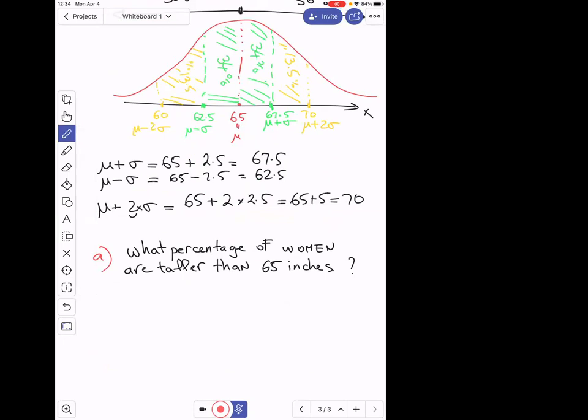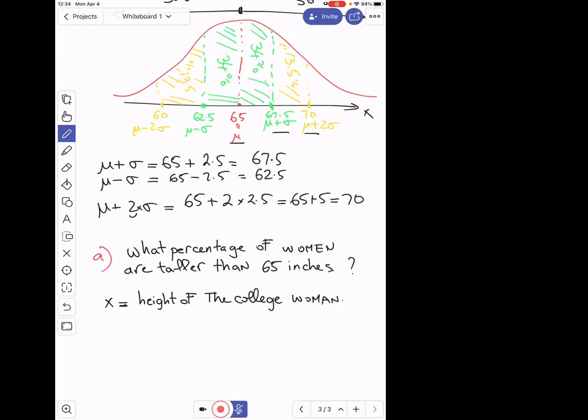When I say x is 65 inches or 67.5 inches or 70 inches, that's the height of the college woman. So the variable x is supposed to be the height of the college woman.